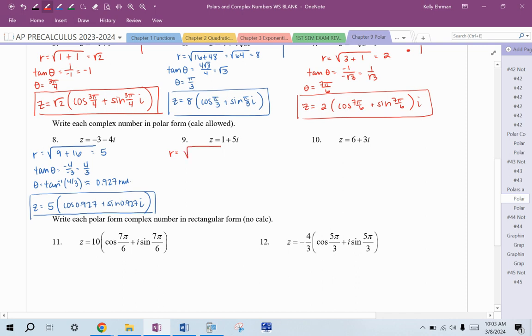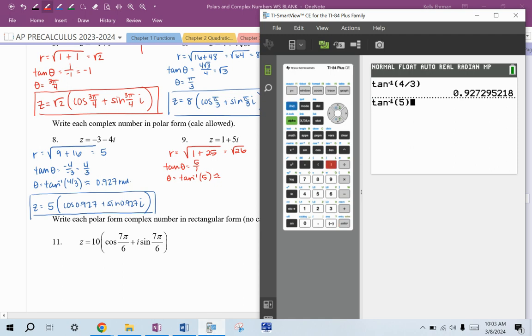So this is the square root of 1 squared plus 5 squared. Square root of 26 does not simplify. It's 2 times 13. Neither of those are perfect squares. Tangent of theta would equal 5 over 1, so theta is the inverse tangent, or arctangent, of 5.